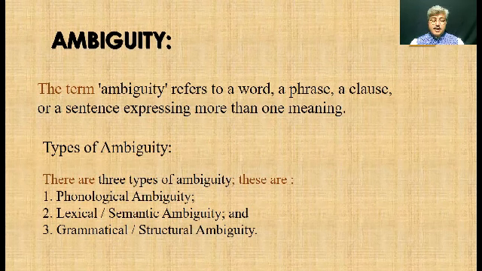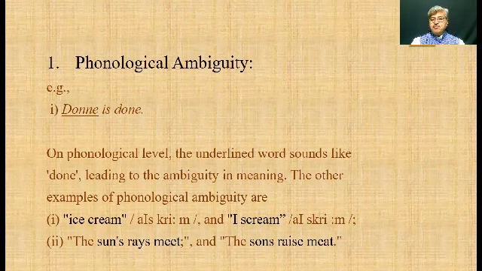On the phonological level, the underlined word sounds like done. If you look at the spelling, DONNE, done, and DONE, that is also done, it means that on the phonological level, the sound is the same. So it leads to ambiguity in meaning.